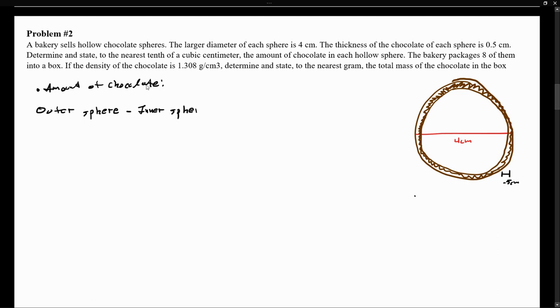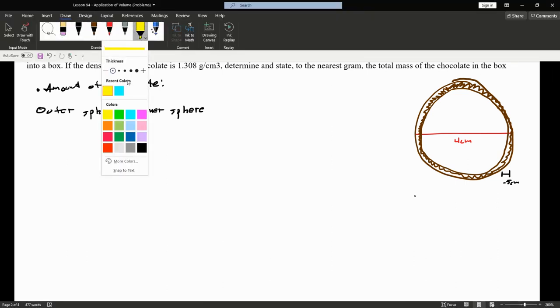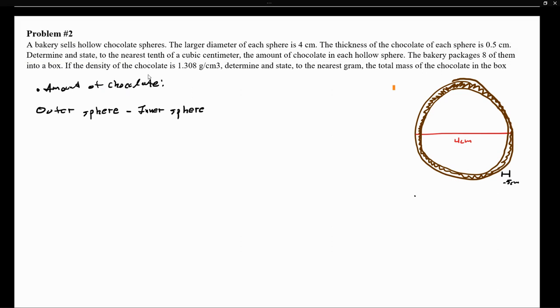And what do I mean by outer sphere and inner sphere? Well, let me see if I can do this. So this is what I'm going to be considering the outer sphere. It's just the sphere that will be at the surface of this chocolate ball.